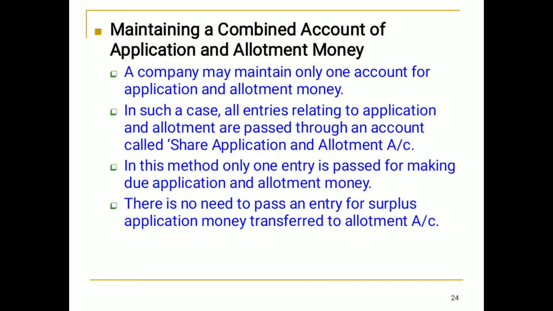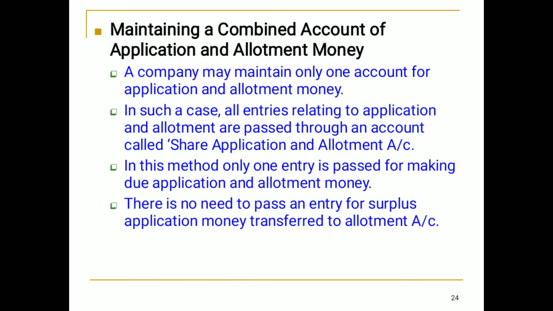No. You will be writing it as share application and allotment account instead, in this case only. Why? Because the combined account is to be prepared and maintained. In this method, only one entry is passed for making due application and allotment money.